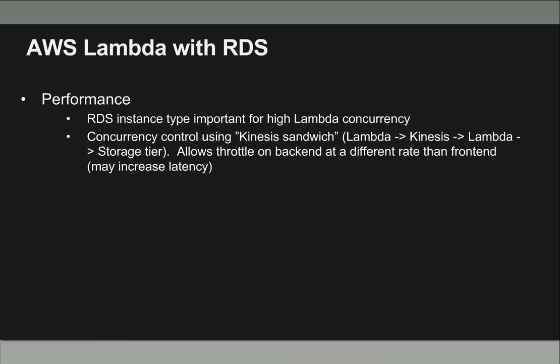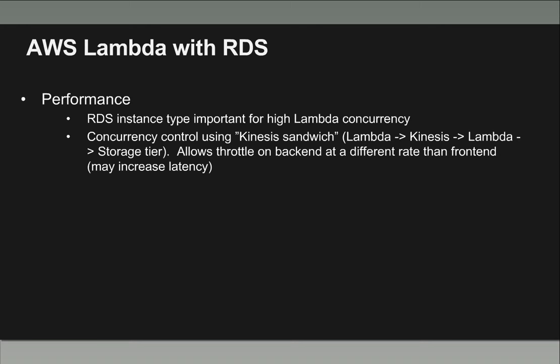From a performance characteristics perspective, it's important to understand that you need to choose the right RDS instance type for high Lambda concurrency. Because of the nature of Lambda invocation, we are expecting high concurrency for Lambda to be invoked or to be communicating with your RDS instance. So make sure that you provision an appropriate RDS instance type.